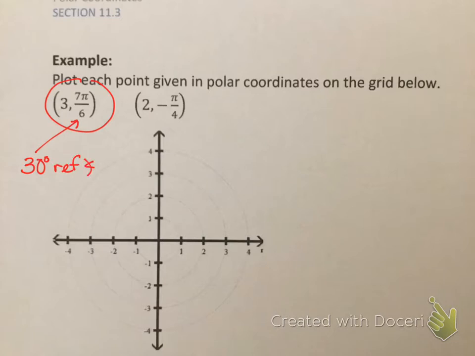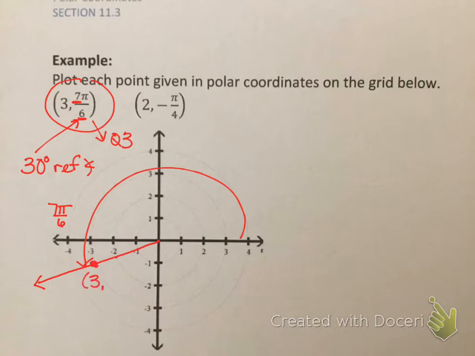Because the number in the numerator is 1 larger than the denominator, I know that this angle is in quadrant 3. So I need a 30-degree reference angle drawn in quadrant 3. So this angle right here would be 7 pi over 6. I need to count out 1, 2, 3 places. So here is the point whose coordinates would be 3, 7 pi over 6.